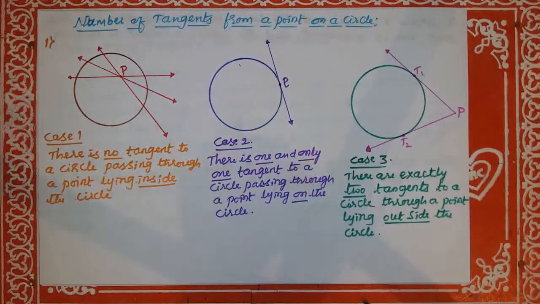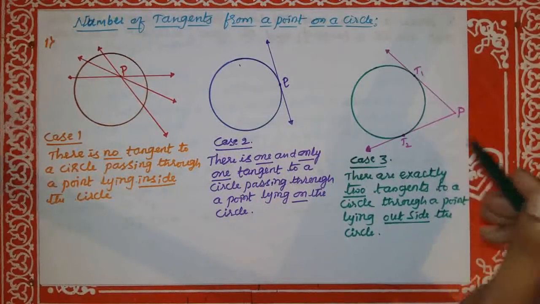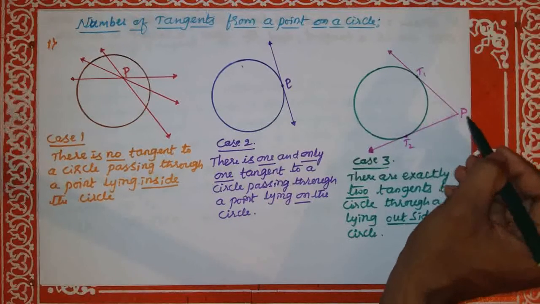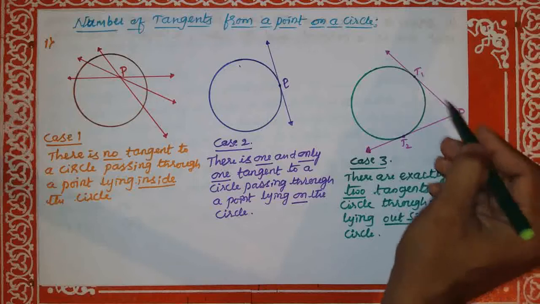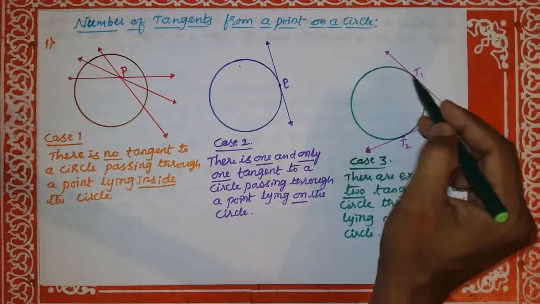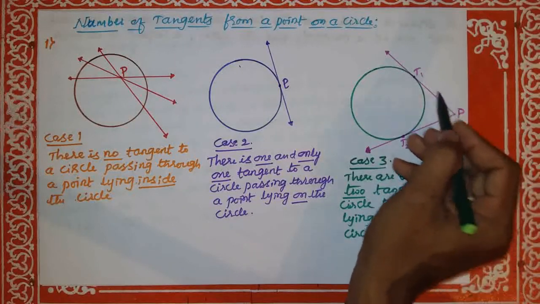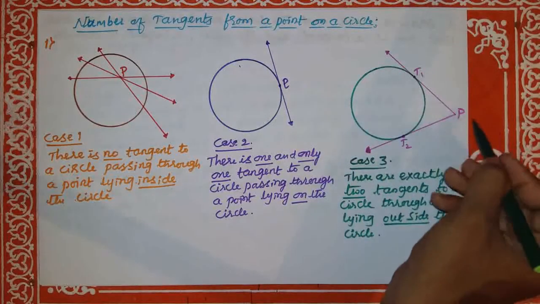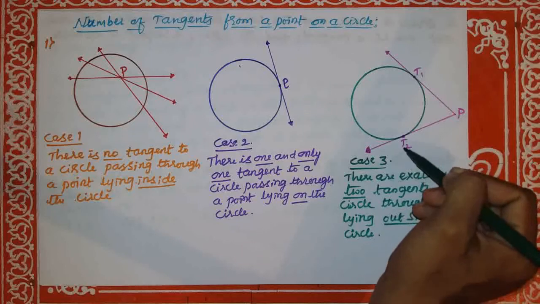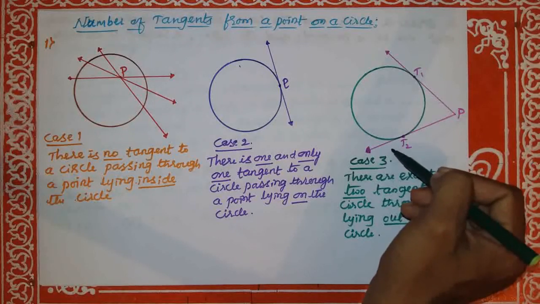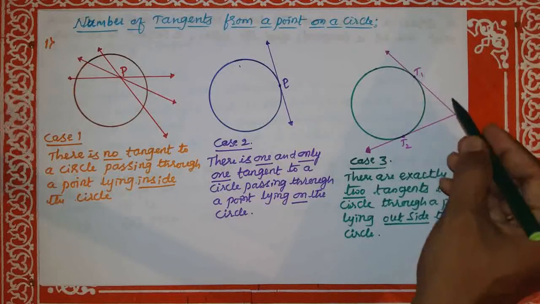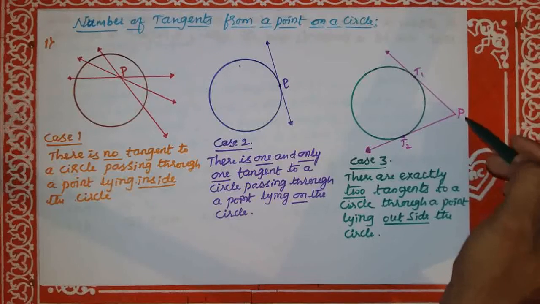This is case 2. See, in case 3, P is an external point outside the circle, and the lines touch the circle at one point and at another point, that is T1 and T2. There are exactly two tangents we can draw.